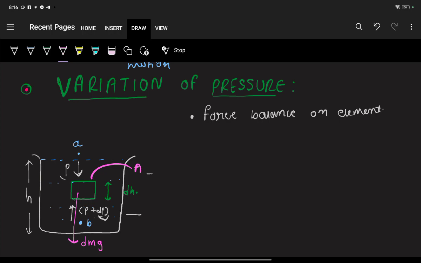Let's say the mass of this element is dm. So this dm g is balanced by these two forces, which are P multiplied by its area minus (P plus dP) multiplied by its area. Let's call it equation number 1 and then proceed.